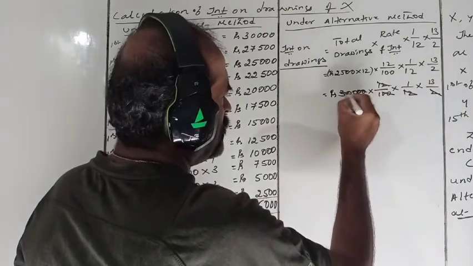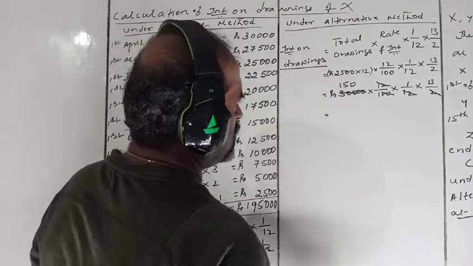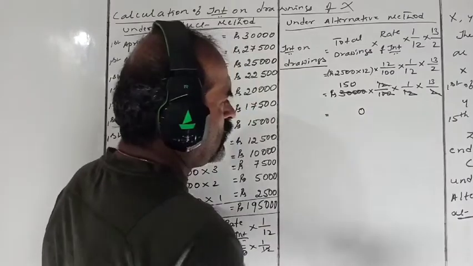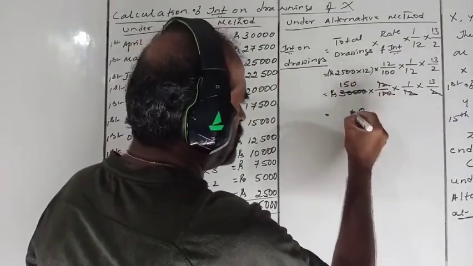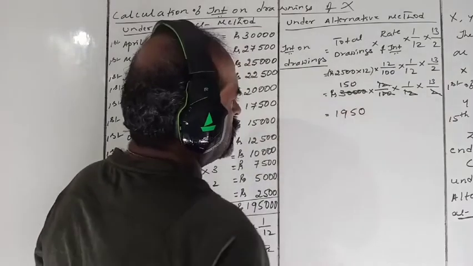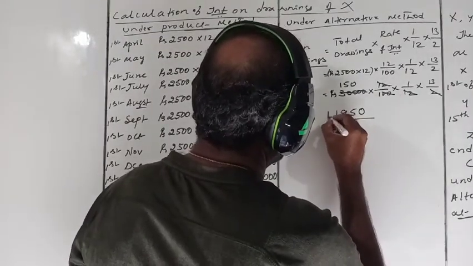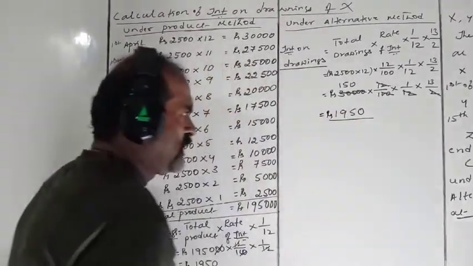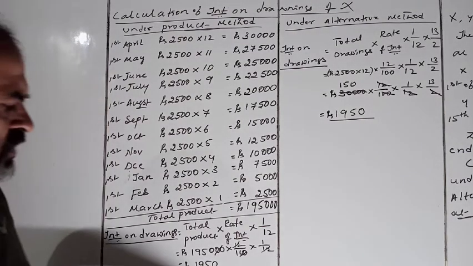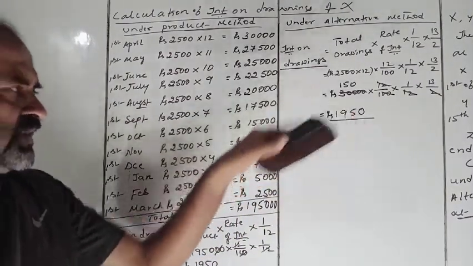From 2 divide 300, 150. 150 multiplied with 13: 13 ones are 13, 13 zeros are 0, 13 fives are 65, 65 plus 1, 19. So the answer comes to rupees 1950. See, the answer under the product method is 1950, and under the alternative method it is also 1950.